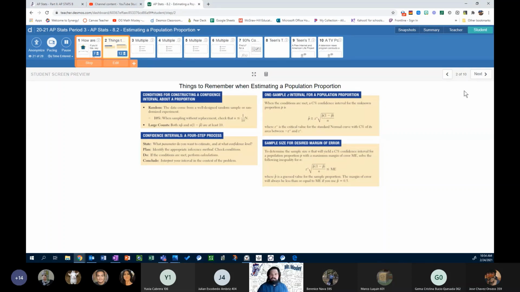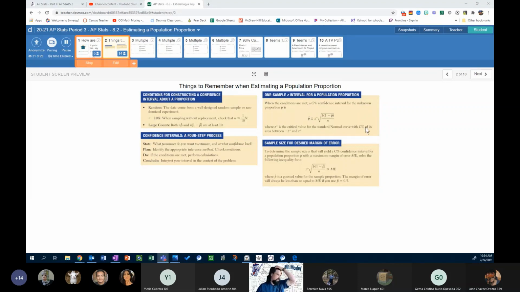We have our conditions for constructing a confidence interval about a proportion: random, 10%, and large counts. We have a 4-step process for doing confidence intervals: state, plan, do, and conclude. We have our 1 sample Z interval for a population proportion. This is an inference method, right?